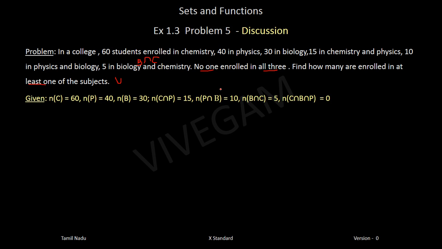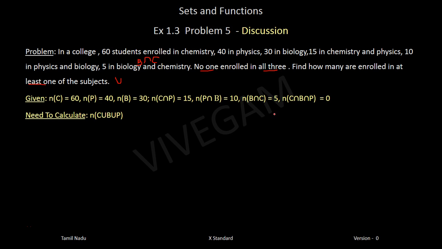So anyway, let's list out. They are given the cardinal values of the various sets. C is a set referring to students studying chemistry. P is for physics, B is for biology, C intersection P is chemistry and physics, P intersection B is students who are enrolled in physics and biology, B intersection C is biology and chemistry, C intersection B intersection P is chemistry and biology and physics.